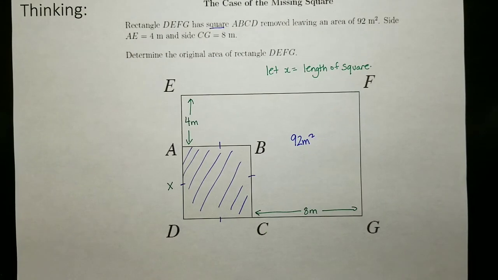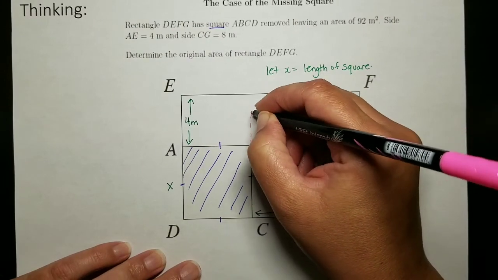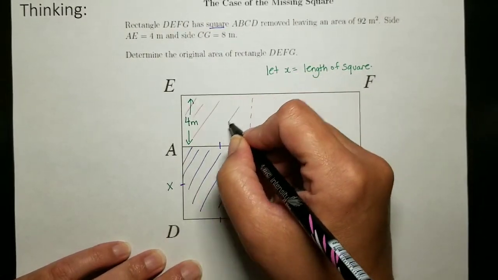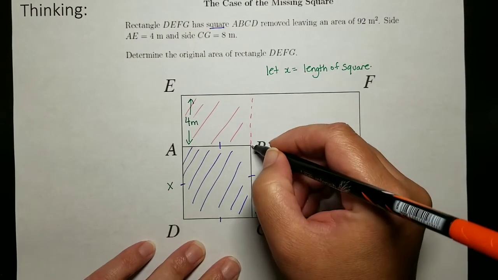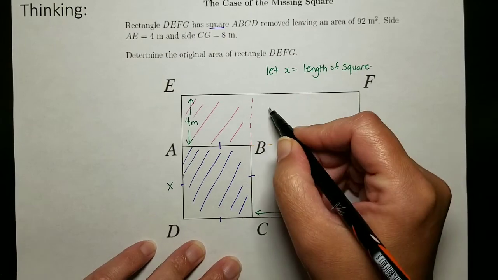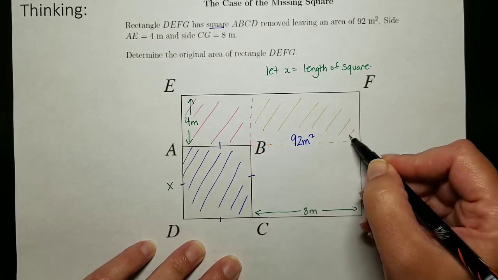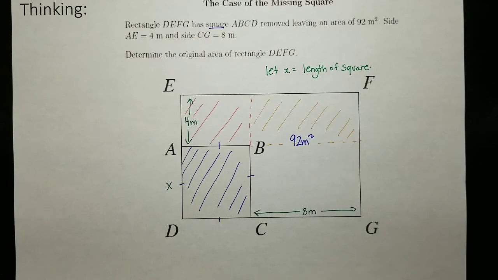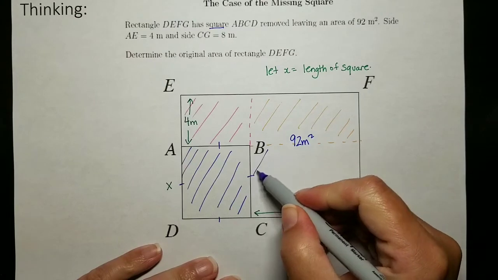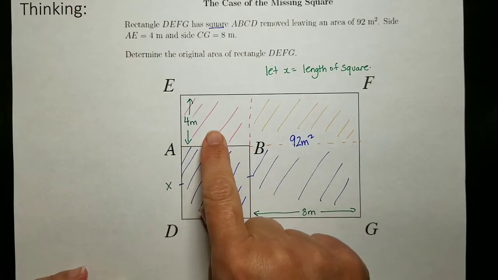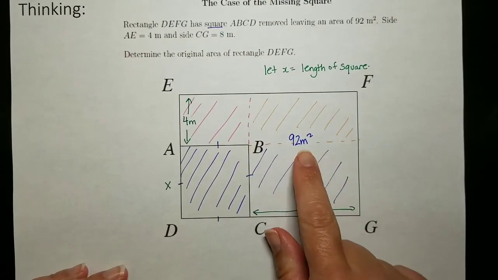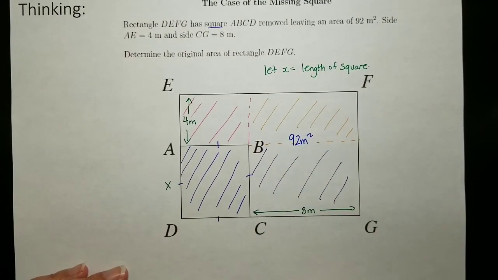I'm going to kind of color code this and divide this up in there. You guys probably have seen by now that I really like color coding things. And then I've got an orange, and then need some more colors. Let's make a purple. Okay, so does it make sense that the pink plus the orange plus the purple will add up to 92? Hopefully it does.